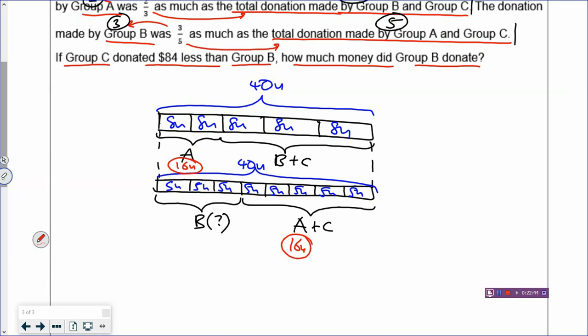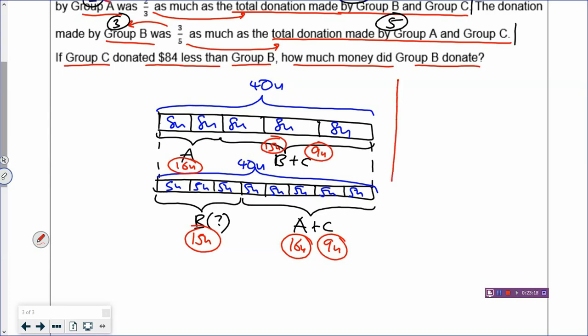You can see that A and C has 5, 10, 15, 20, 25 units. 25 units minus 16 units, so group C has 9 units, right? And if A and C has 25 units, then group B will have 15 units, right? Okay, so it's quite easy to find how many units donated by each group. So group C here will be 9 units. Okay, and we are done. Every group has donated so many units.